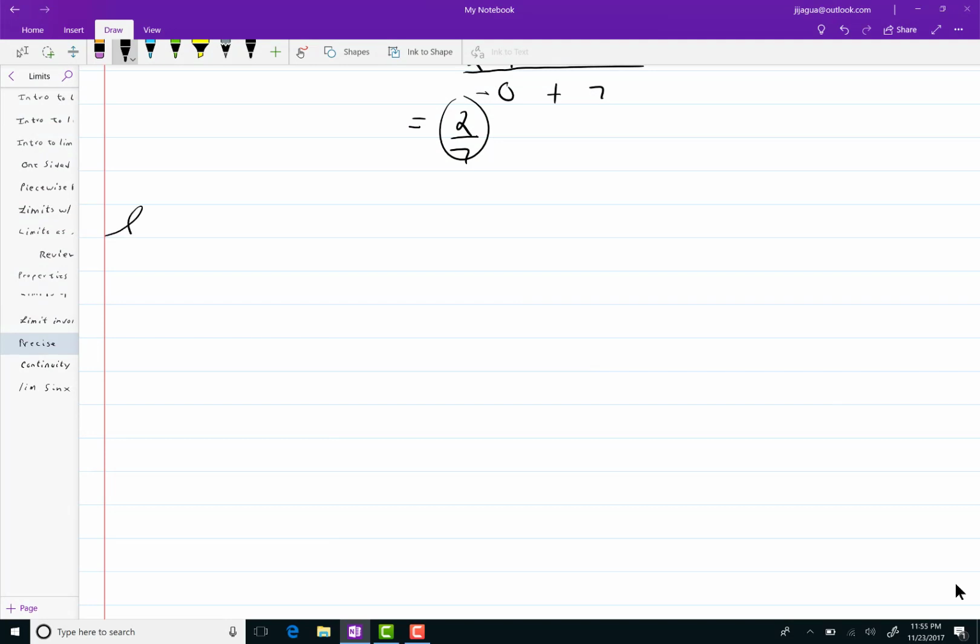Another example. What about the limit as x goes to infinity, square root of 1 plus x squared minus x? Now this is the one I cautioned you before to not write something like infinity minus infinity. The trick is to multiply by the conjugate.